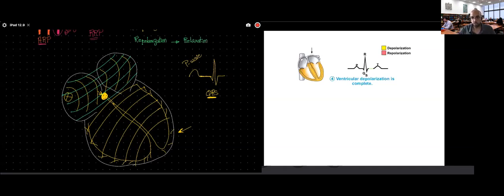The ventricles have a much thicker wall and a much greater number of cardiac muscle cells, so they create a much higher voltage. This is the one that's going to be recorded by the EKG.